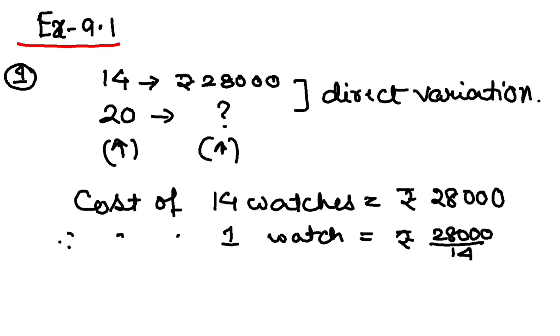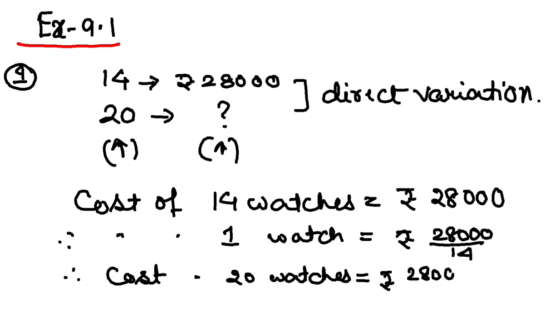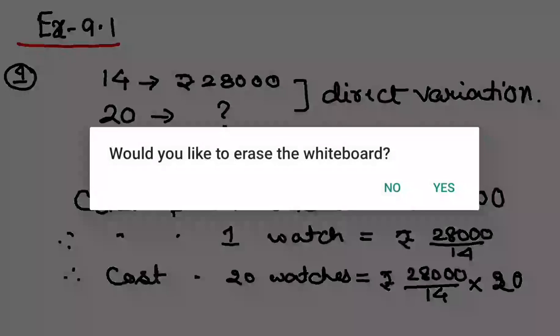Now finally, for how many watches you have to find? Cost of 20 watches. This will be rupees 28,000 by 14 into 20. Let me show you the calculation in the next page.